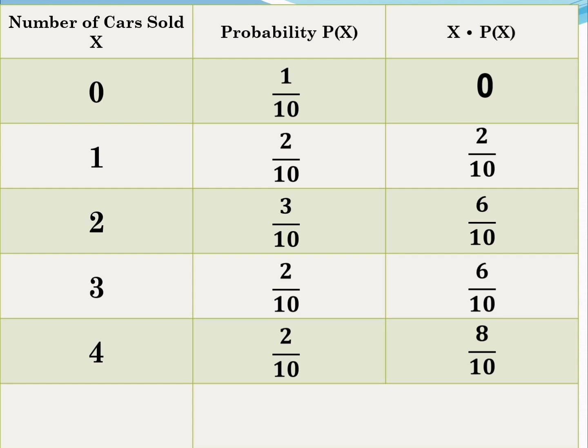And after finding the column of x multiplied by P of x, let's find the value of mean. So the summation of this column is equal to 22 over 10, or that is 2.2.